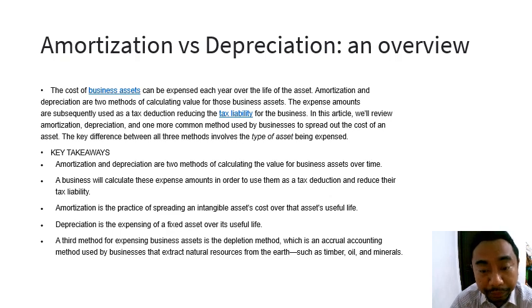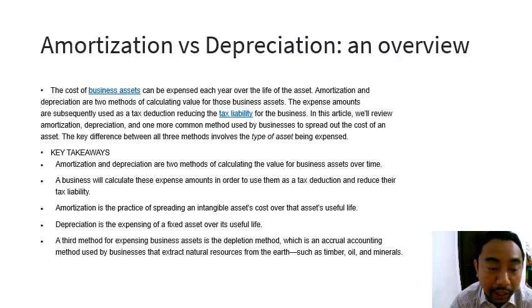In this article, we'll review amortization, depreciation, and one more common method used by businesses to spread out the cost of an asset. The key difference between all three methods involves the type of asset being expensed.